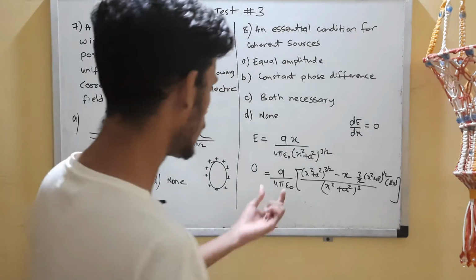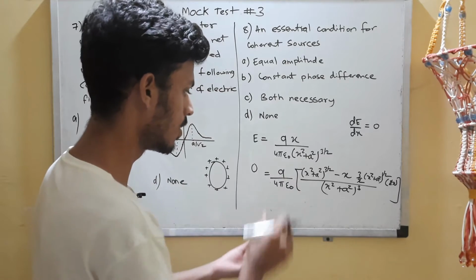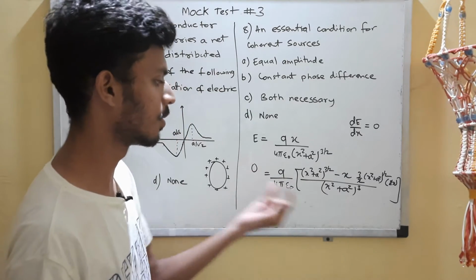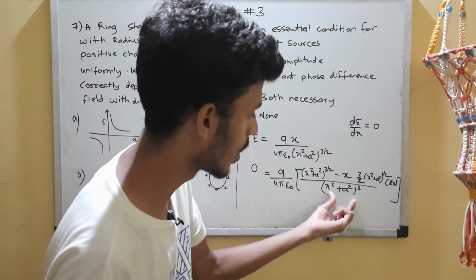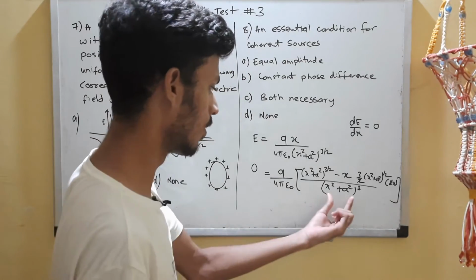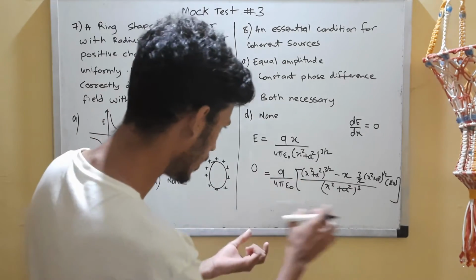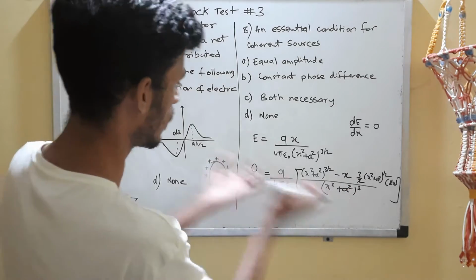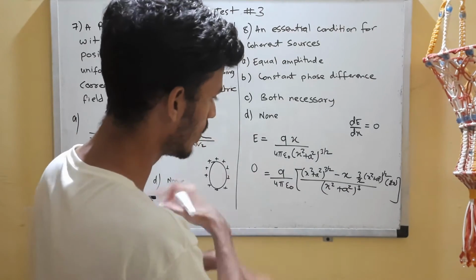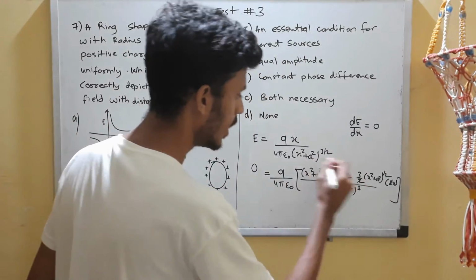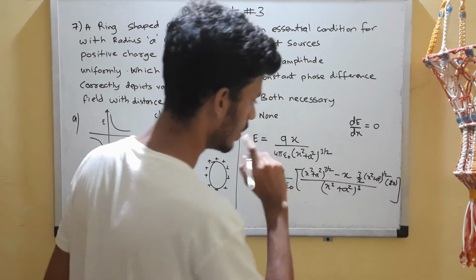If you see, Q is non-zero, this is also non-zero, and this term is also non-zero, because the radius cannot be 0, of course. So all three terms are positive. We can take it to the other side, multiply by 0, and that will be gone. So the only term that can be 0 over here is the numerator.